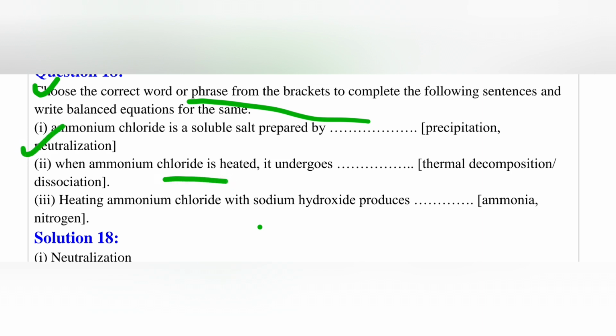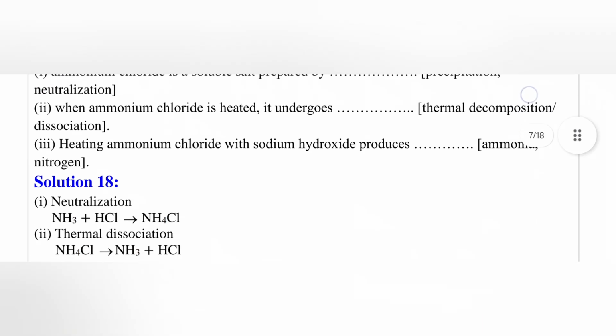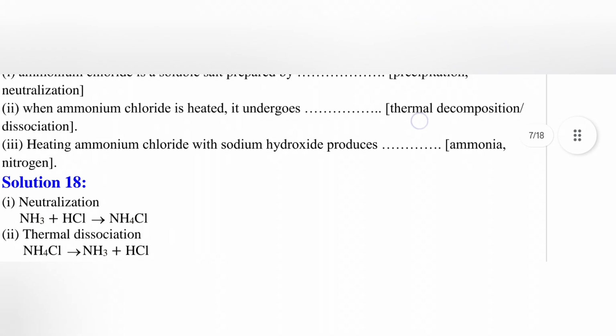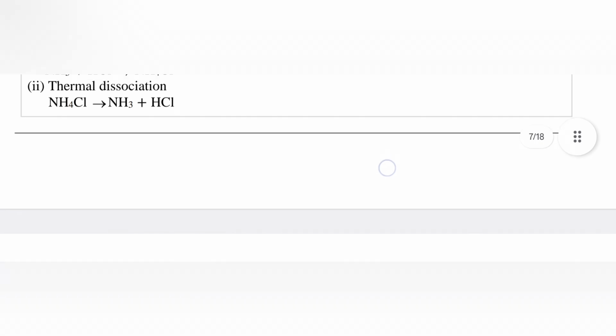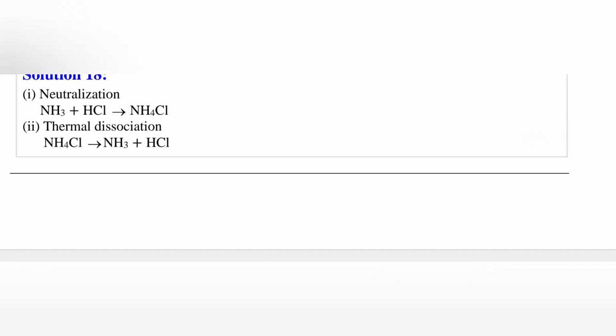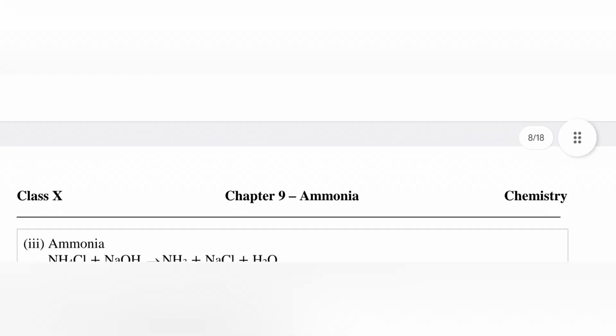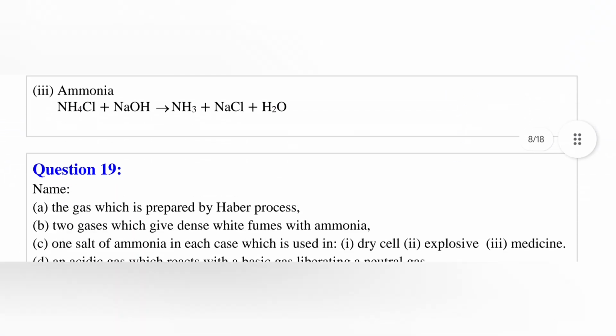When ammonium chloride is heated, it undergoes thermal decomposition, giving ammonia plus hydrogen chloride. Heating ammonium chloride with sodium hydroxide produces ammonia gas.